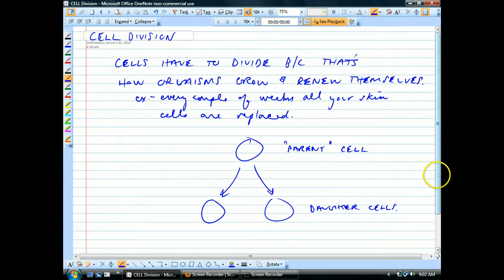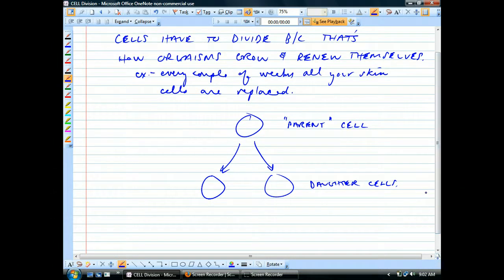But here's the thing. They have to make exact copies. So these daughters have to be exact copies. Otherwise, you're going to be constantly changing.